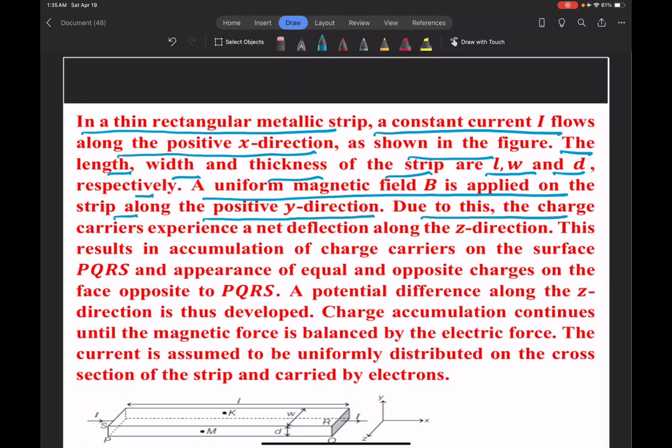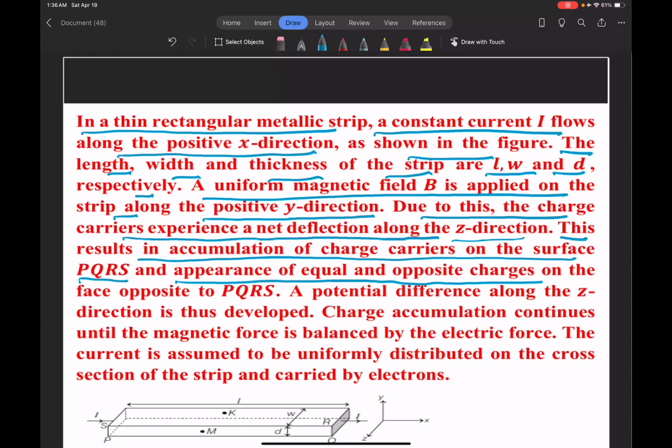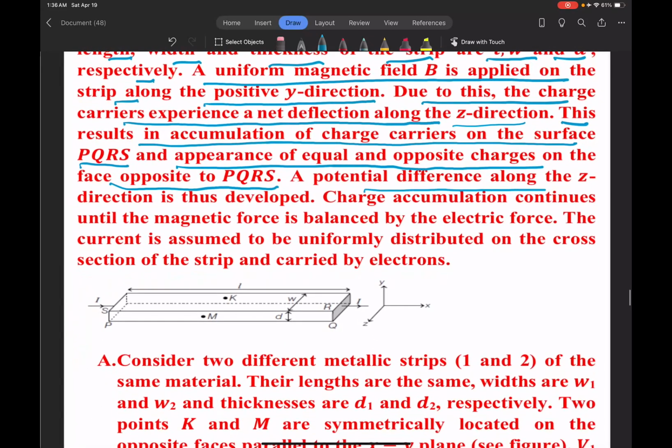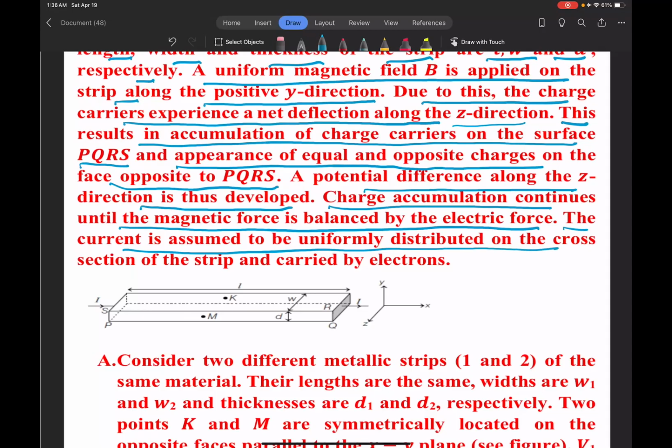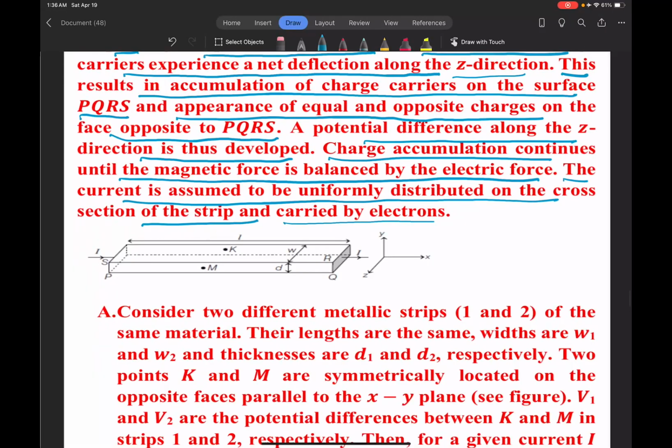Due to this, the charge carrier experiences a net deflection along the z direction. This results in accumulation of charge carriers on the surface PQRS and the appearance of equal and opposite charges on the opposite face of PQRS. A potential difference along the z direction is thus developed. Charge accumulation continues until the magnetic force is balanced by the electric force. The current is assumed to be uniformly distributed on the cross section of the strip and carried by the electrons.